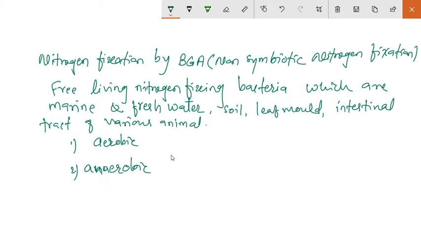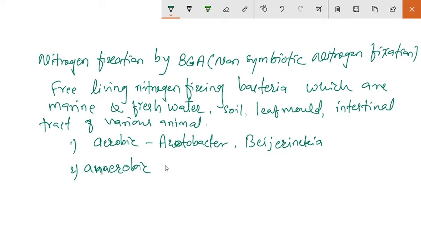Aerobic bacteria examples are Azotobacter and Beijerinckia. These are the examples of aerobic bacteria. Some of the species are anaerobic and they can fix nitrogen only under very low oxygen pressure.